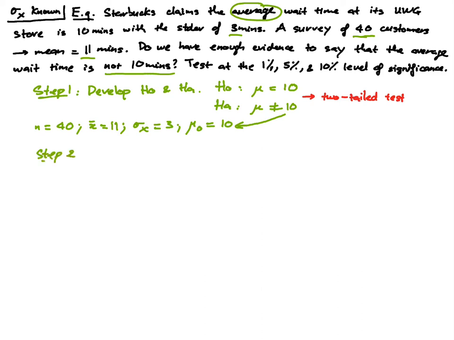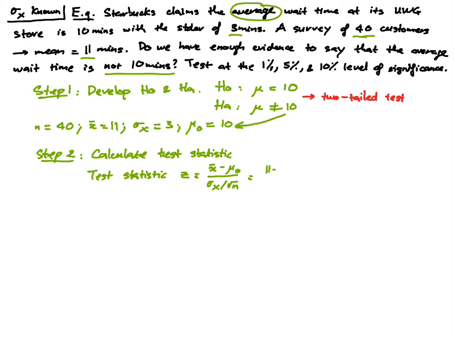Step 2, you want to calculate the test statistic. Again, we know the population standard deviation, so the test statistic we use is going to be z equals x bar minus mu sub 0 divided by sigma over the square root of n, right?